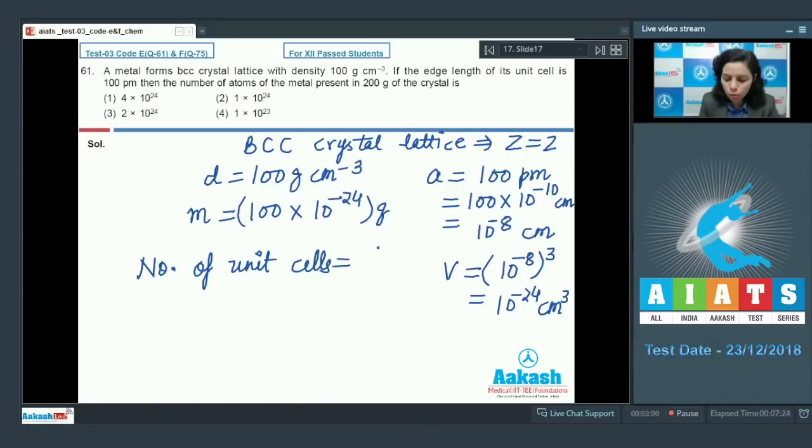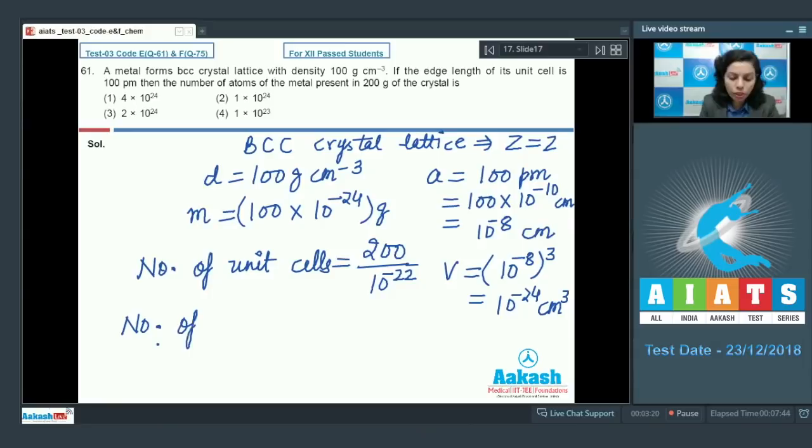That should be equal to 200, that's the total mass, divided by mass of one unit cell, and that is 100 into 10 raised to the power minus 24, or simply you can write here 10 raised to the power minus 22. This is the number of unit cells. Now, what would be the number of atoms?